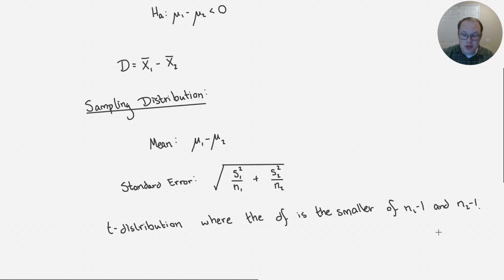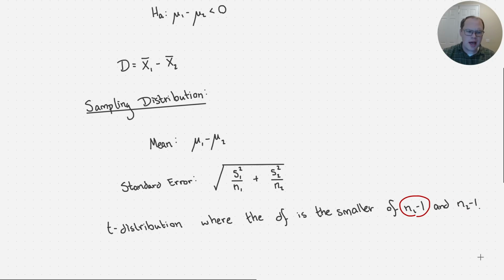So we're going to look at both our samples, sample 1 with size n1 and sample 2 with size n2. Whichever one has the smaller sample, that's the one we use to determine our degrees of freedom. So we have to be a little bit more thoughtful when constructing our sampling distribution here.